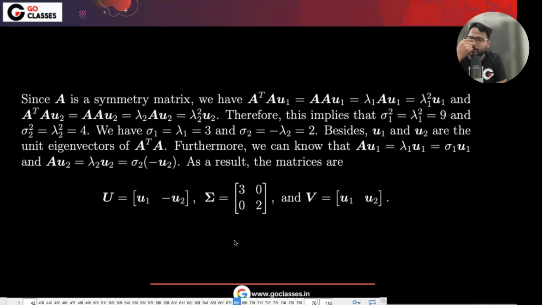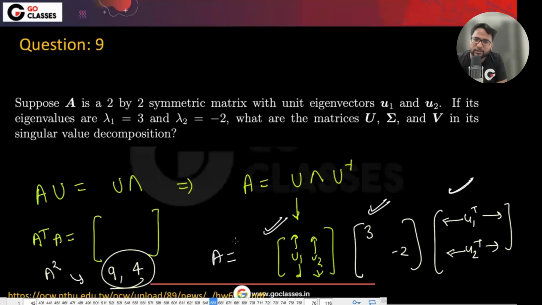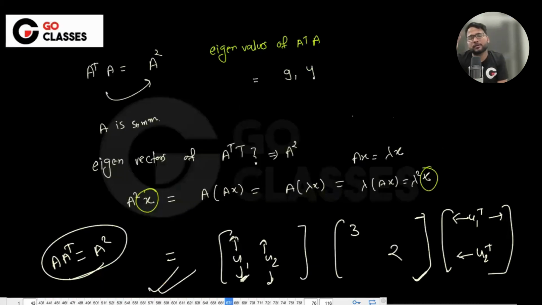Why you need to multiply the minus? I think minus should be multiplied because otherwise it is inconsistent with your eigenvalue decomposition. But why are we multiplying by the minus? We need to write the eigenvectors, right? Okay.